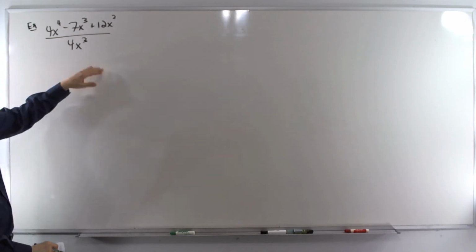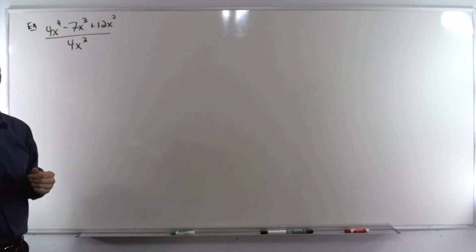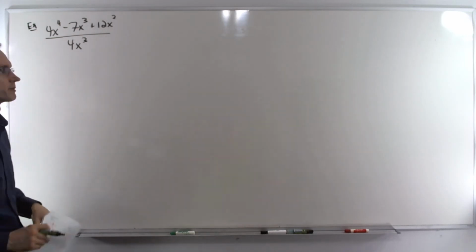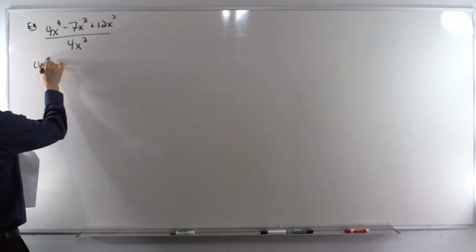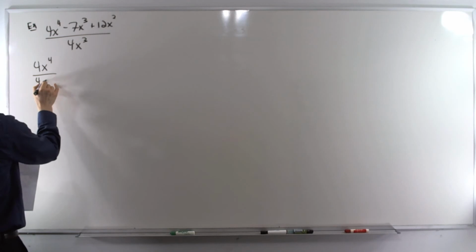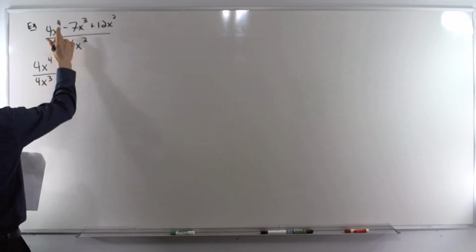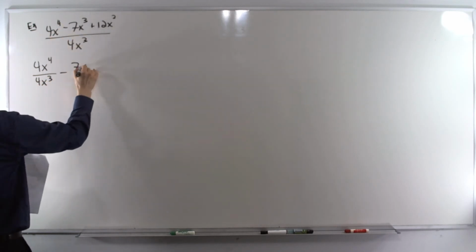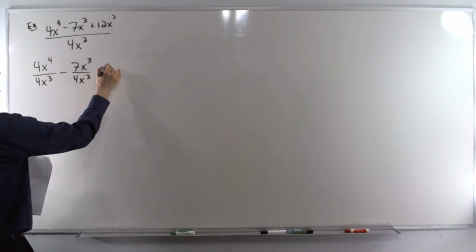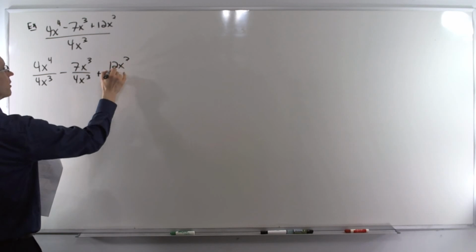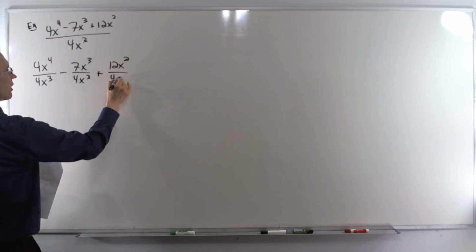All right, so we're going to divide by 4x to the third. So that means we're going to have to apply the quotient property of exponents. So we'll split it up into 3 separate fractions, 4x to the fourth over 4x to the third, minus, keep the sign, 7x to the third over 4x to the third, plus 12x squared over 4x to the third.